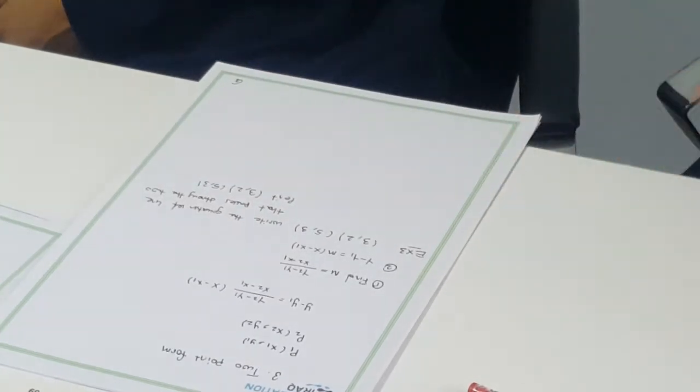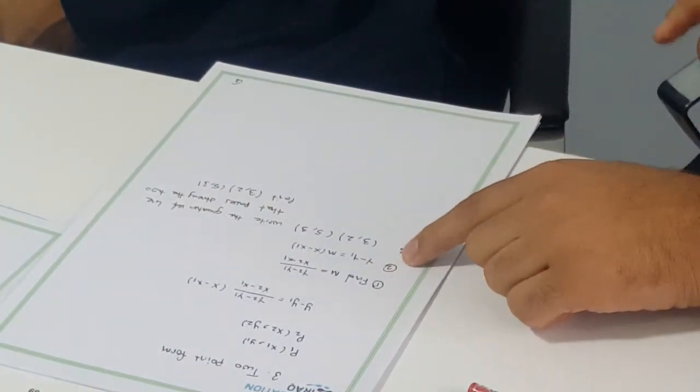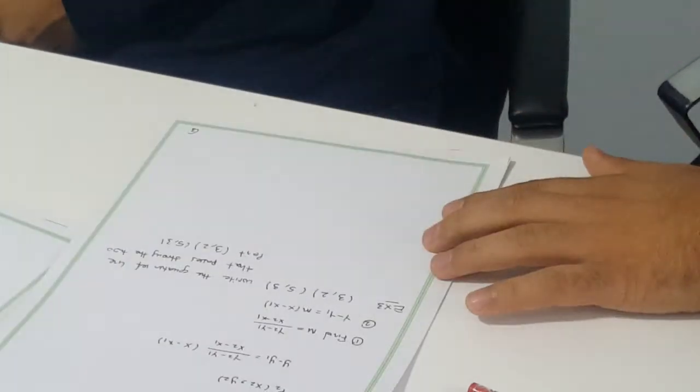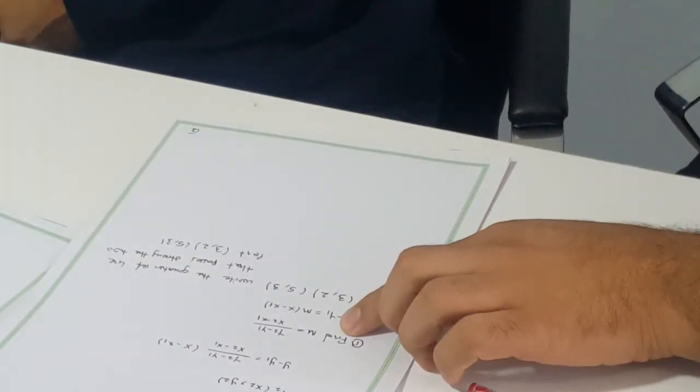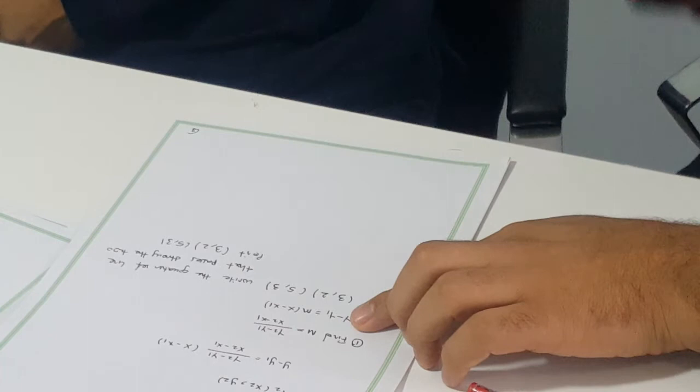Write the equation of the line that passes through these 2 points, (3, 2) and (5, 3). We have 2 points, so we have to solve in two steps. First of all, we have to find m. M means slope.